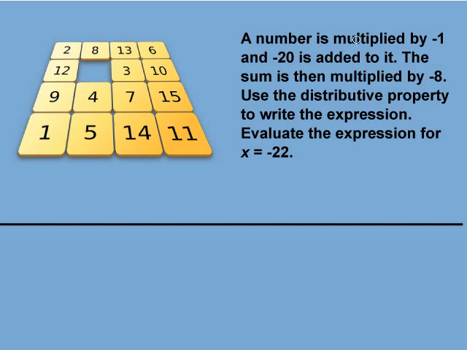Let's start with this part. A number is multiplied by -1 and -20 is added to it. Since we don't know which number, we designate it as -x. This number is increased by -20, so we write -x plus -20.